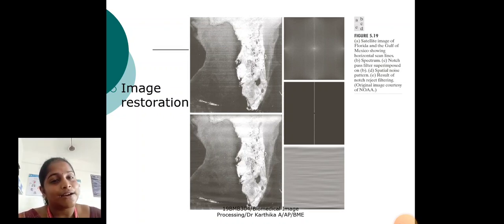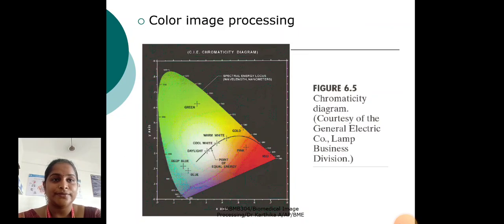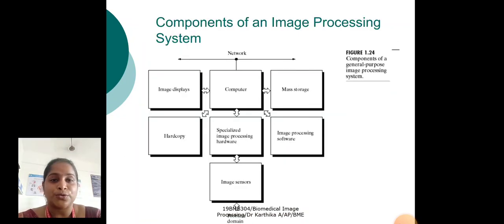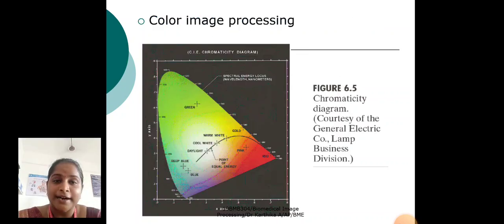And then the final one is the result of the notch reject filtering. And then we are using color image processing for making our image more efficient and effective. For color image processing, we use a chromaticity diagram.